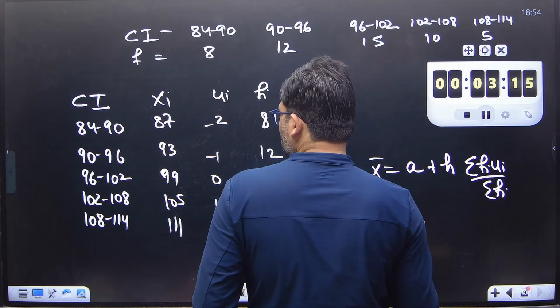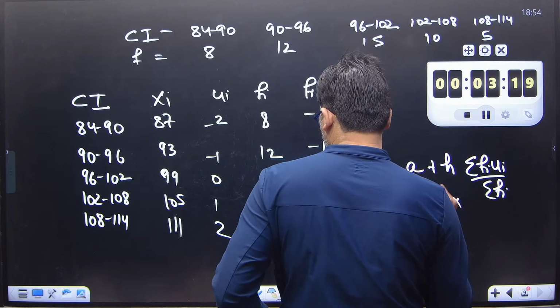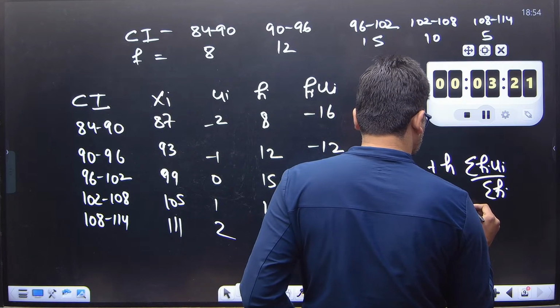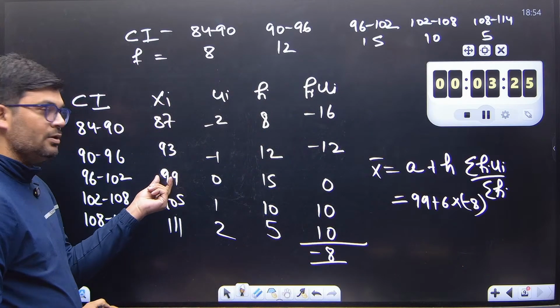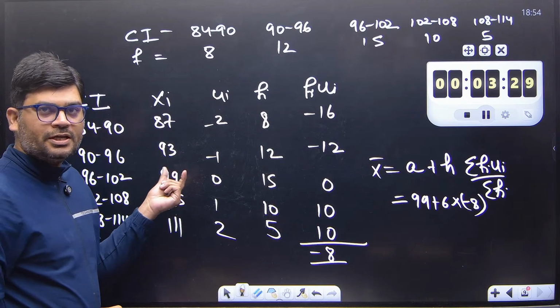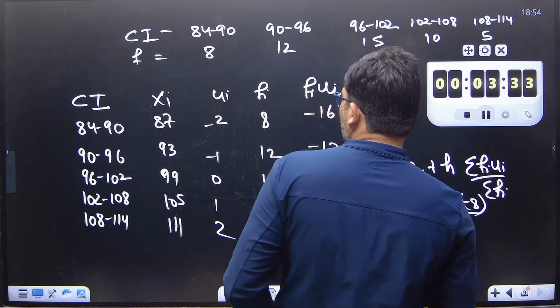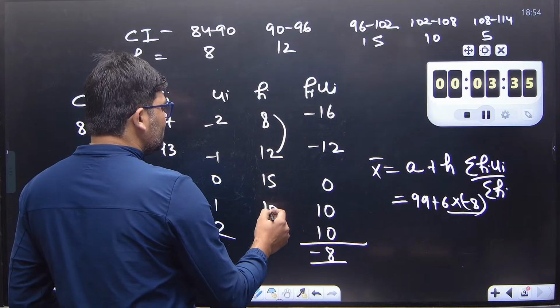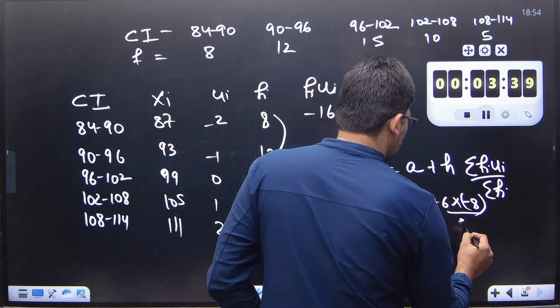So A is how much? A I took as 99, H I took as 6. A is the assumed mean, 99, in front of which 0 is there. So 99 plus 6 times minus 8 divided by, let us add this, 2, 12 plus 8 is 20, 20, 40, 50.